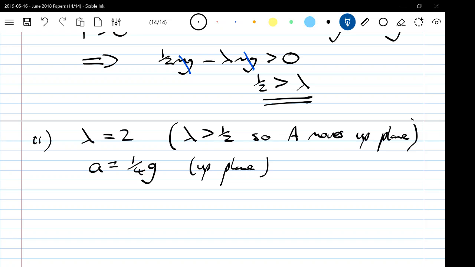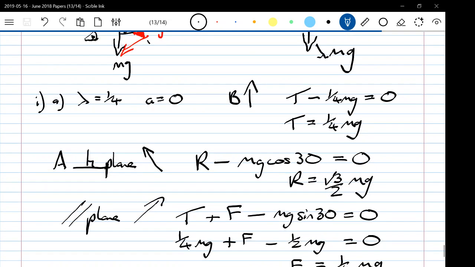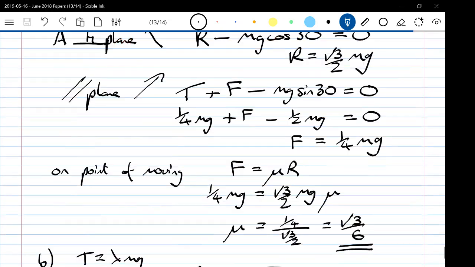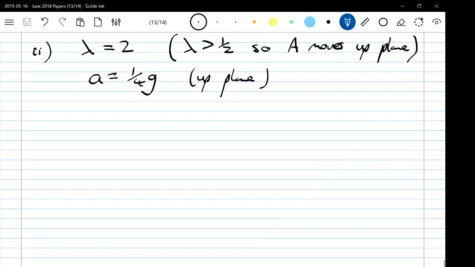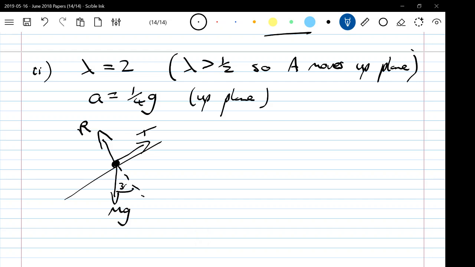So I need to think about some of these things again. If I go back to what I did before, I'm now saying, what do I need? Do I need a new diagram or can I just go for it? Are you happy? I'm going to draw a new diagram just so we know what's going on. So here's particle A. A few things have changed. We've still got a reaction. We've still got a tension. We've still got the weight, which was mg at an angle of 30.